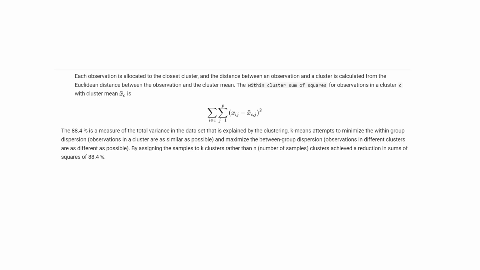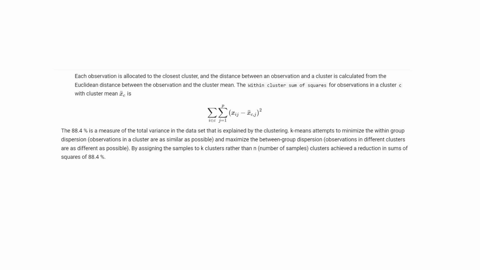That means the within cluster sum of squares for observations in a certain cluster C with cluster mean x_c bar is summation j equal to 1 to p. Here the summation is over the p different features or the different coordinates of the corresponding vector. (x_ij minus x_c,j bar) whole square. So it's a sum over the different coordinates.